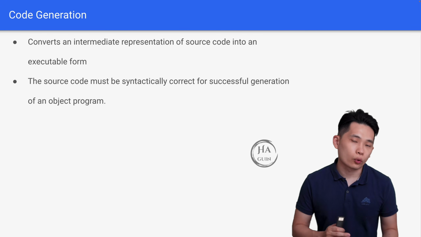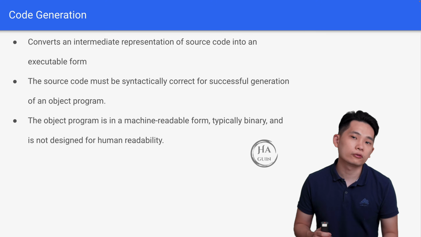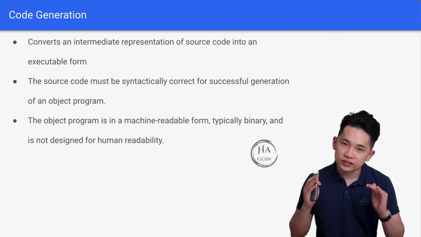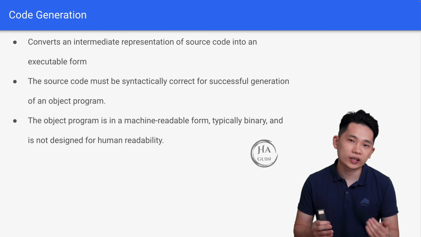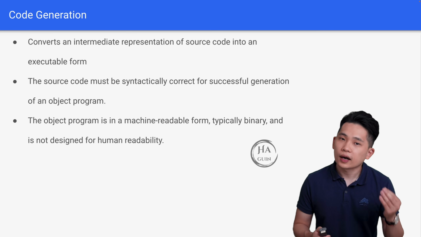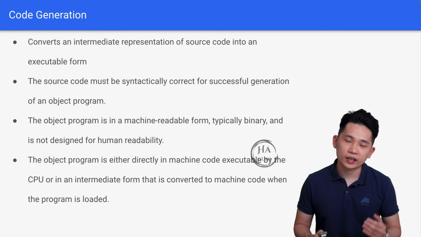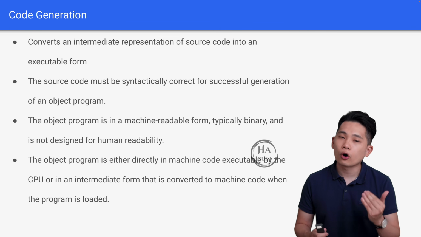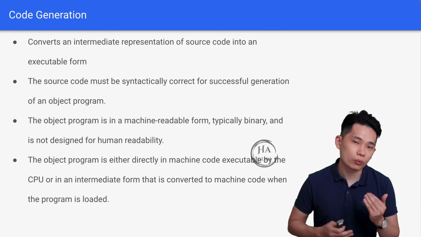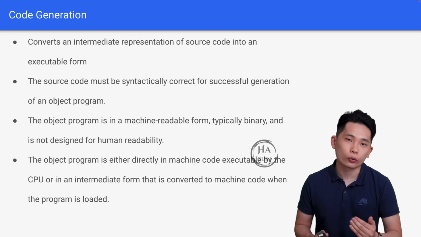The object program is in a machine-readable form, typically binary, and is not designed for human readability. It means that we can't actually understand the object program. Lastly, the object program is either directly in machine code executable by the CPU or in an intermediate form that is converted to machine code when the program is loaded.